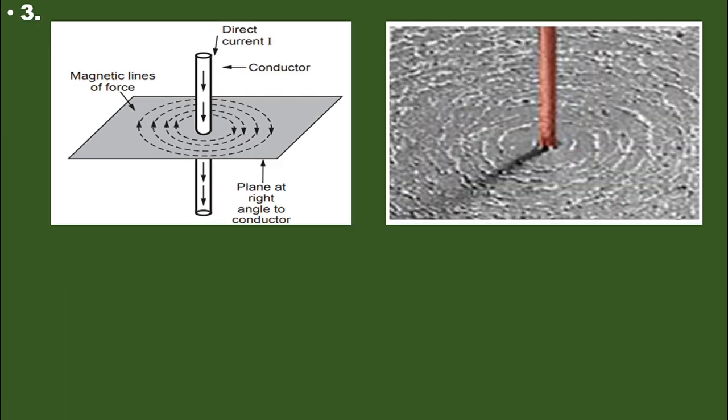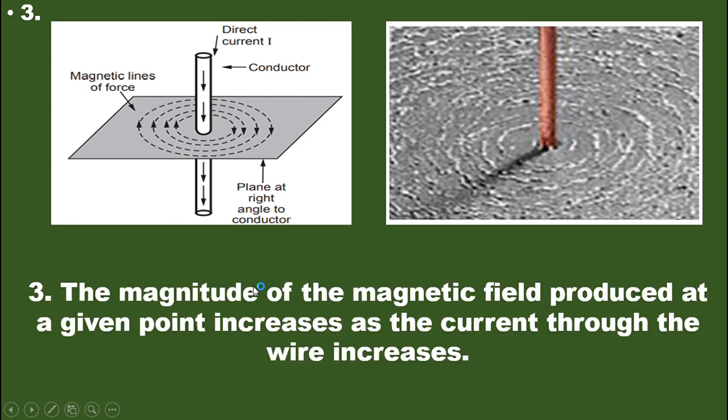Now third property. If you want to increase the magnetic field around the straight conductor, we must increase the current flowing in the conductor.